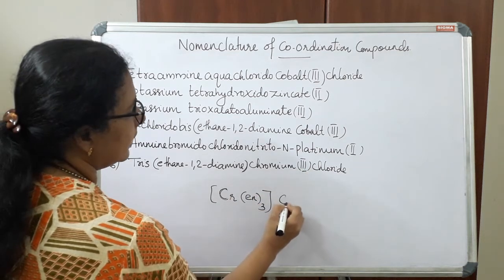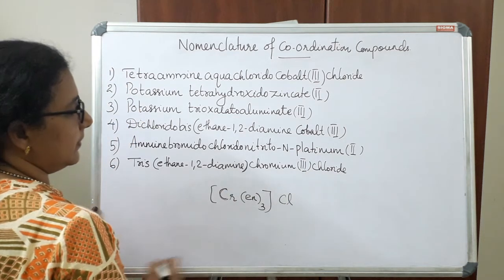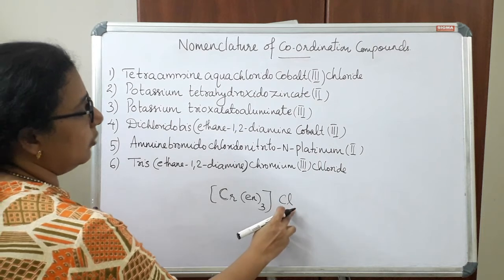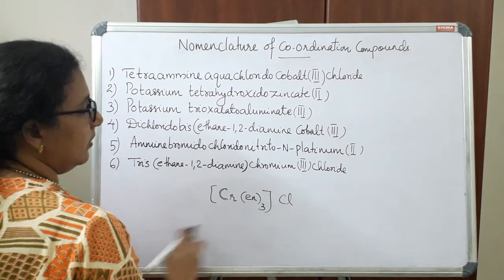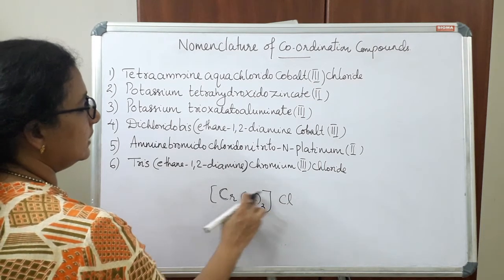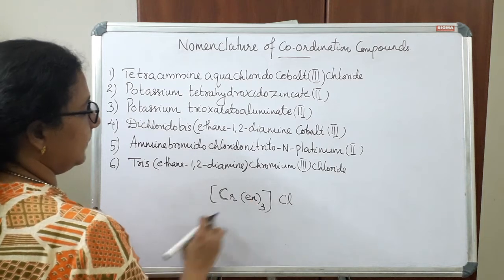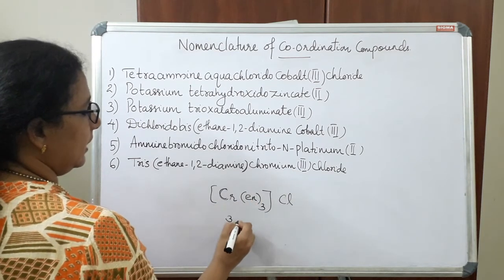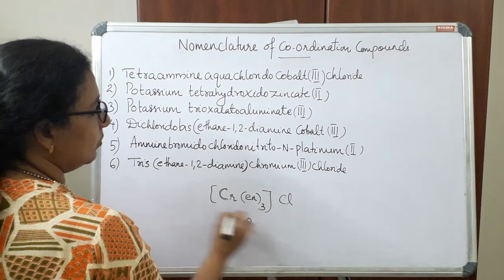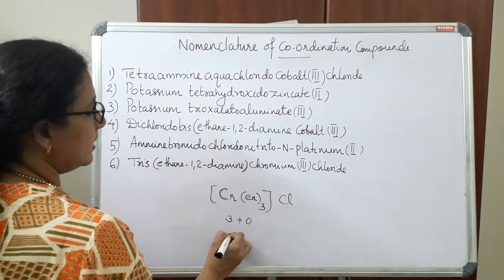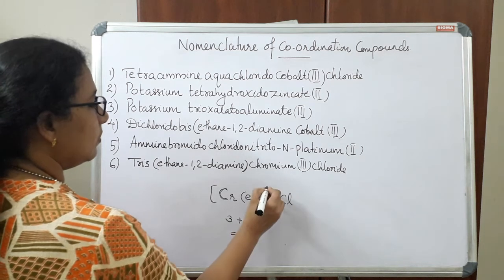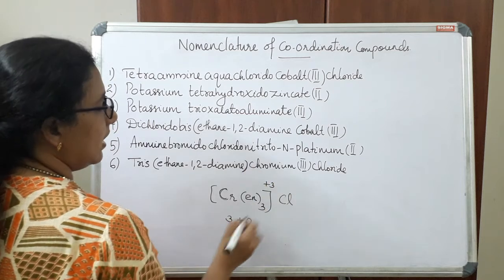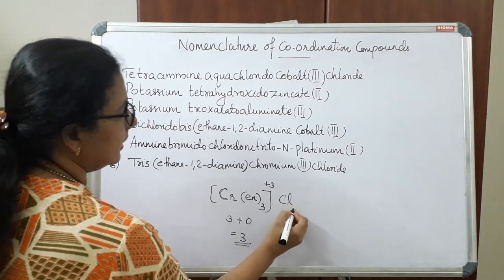Then comes chloride, that is the counter ion. Now we need to find out how many chloride ions are attached. For that we can find out the charge of this complex part. So chromium is 3. Ethane 1,2-diamine is a neutral ligand. So the charge will be 3 and this 3 will be coming here.